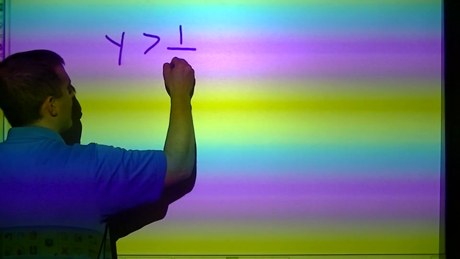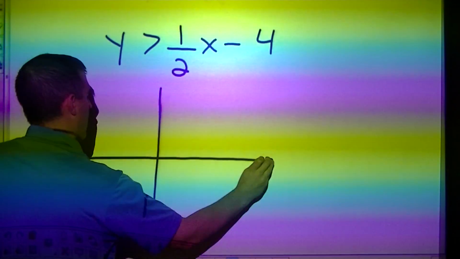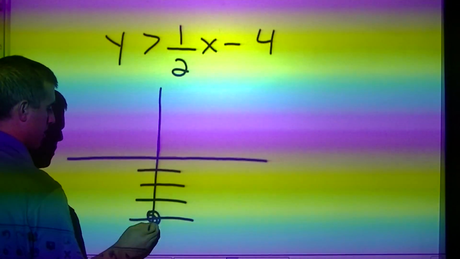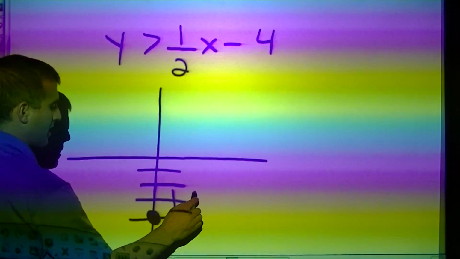Let's say I have y is greater than 1 half x minus 4. Here, I'm going to start down 4, 1, 2, 3, and 4. Put a point. Then I'm going to go up 1 to the right 2.